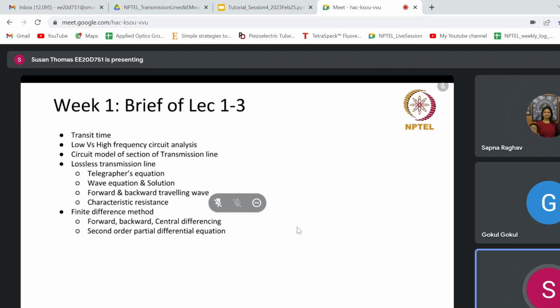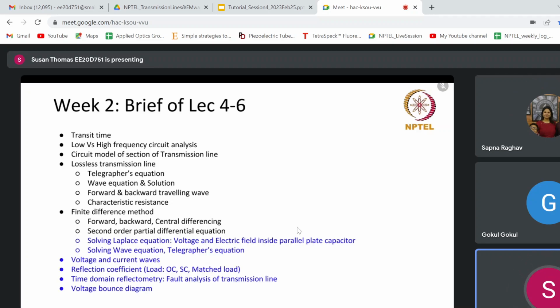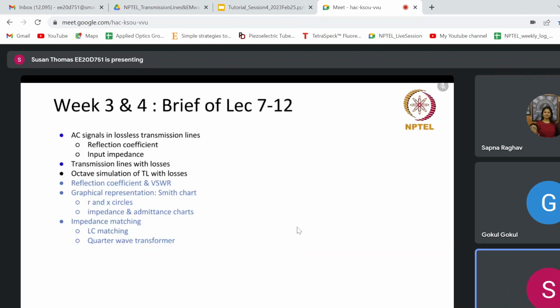This course starts with transmission lines. So I'll start with my today's session. In week one we came across transmission lines, especially the lossless and lossy transmission lines in week two, followed by week 3, wherein we came across some concepts of Smith chart and impedance matching.